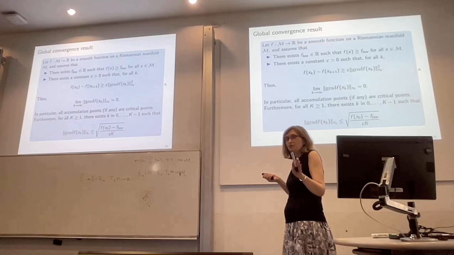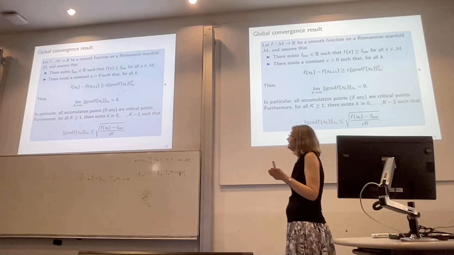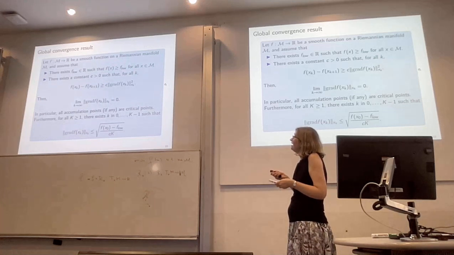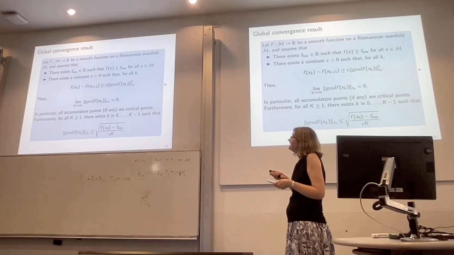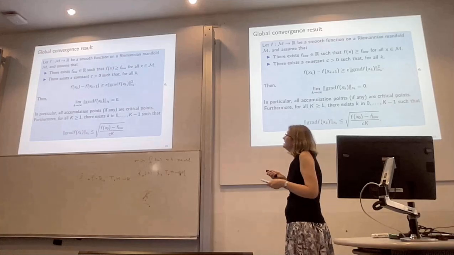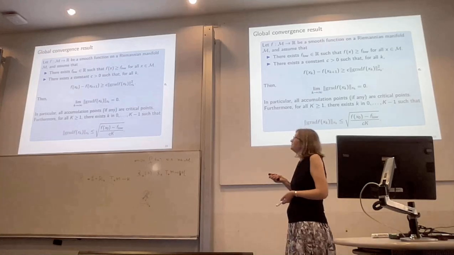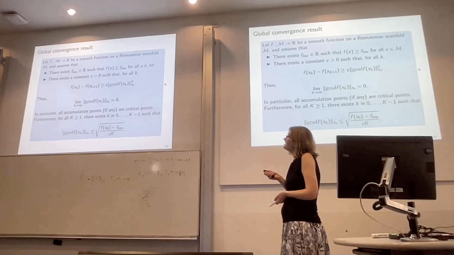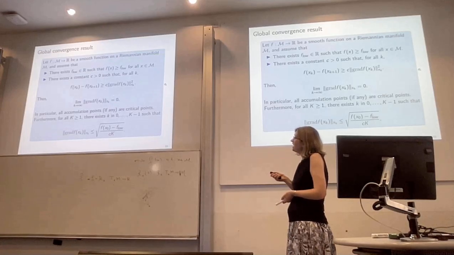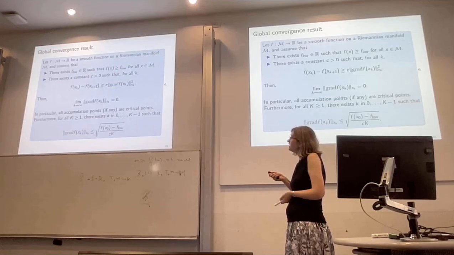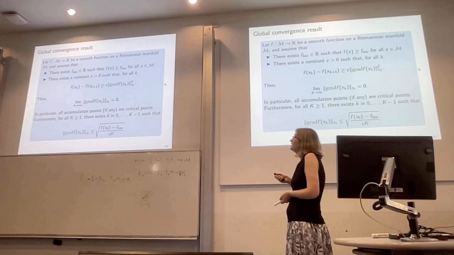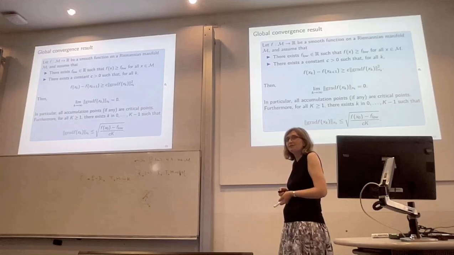I haven't told you how I'm choosing the step size alpha k, the learning rate. And I assume that there exists a constant c such that the function from one iteration of Riemannian gradient descent to the next decreases by at least a multiple of the square of the Riemannian gradient measured in my local metric.